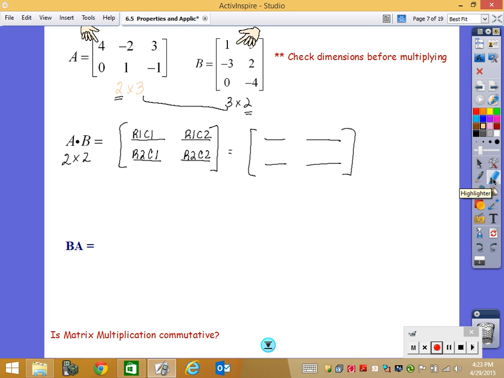And I can use my highlighter. This is row 1 by column 1. Now take your fingers and touch each product. 4 times 1 is 4. Plus -2 times -3 is 6. Plus 3 times 0 is 0.